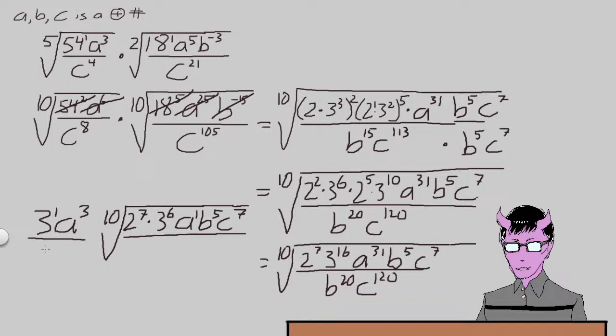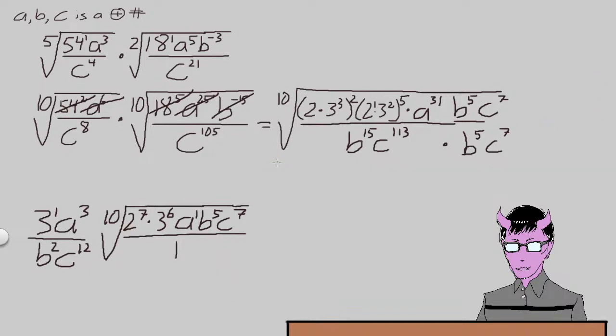So 20 divided by 10 is 2, so b power 2. 120 divided by 10 is 12. What remains on bottom? Well, technically b0 times c0, but don't write that. Write 1 instead.